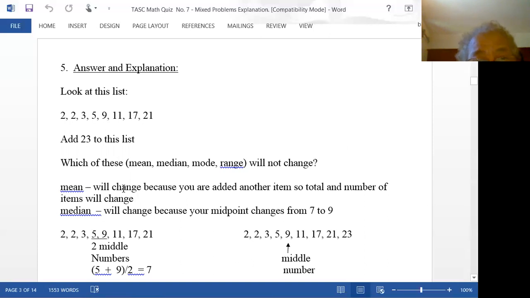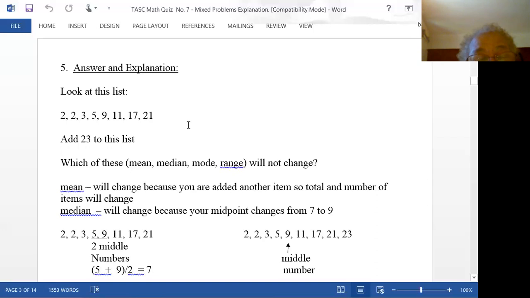Okay, let's look at the mean. The mean is found by adding up all the items and dividing by the number of items. This means that you add these items, and how many are there? There are 1, 2, 3, 4, 5, 6, 7, 8.